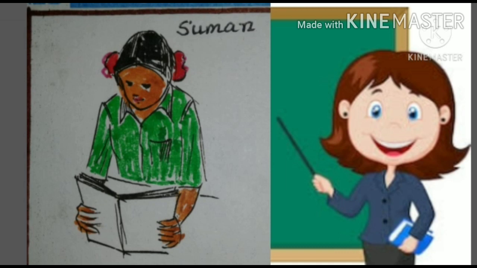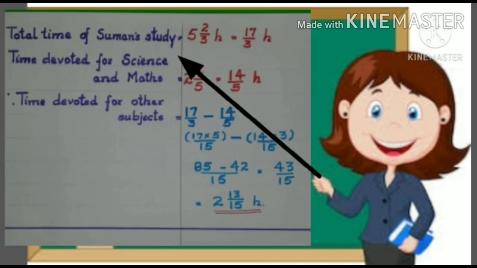Now let us say total time Suman studies is 5 2/3 hours. In improper fraction, it is 17 upon 3 hours. Time devoted for science and maths is 2 4/5 hours. In improper fraction, it is 14 upon 5 hours.